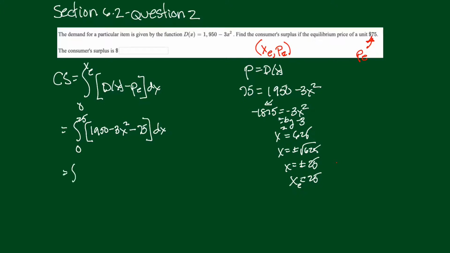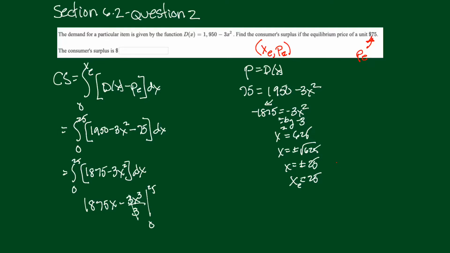This will give us the integral from 0 to 25, and then 1950 minus that 75. Now, we just kind of did this, but this is going to be positive this time. 1875 minus 3x squared dx. Evaluate, anti-differentiate: 1875x minus 3x cubed over 3 from 0 to 25.